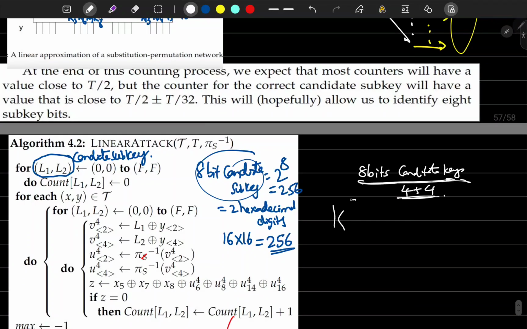So K5, how much is K5? Tell me, 16 bits, right? So you can think of the 16 bits as blocks.